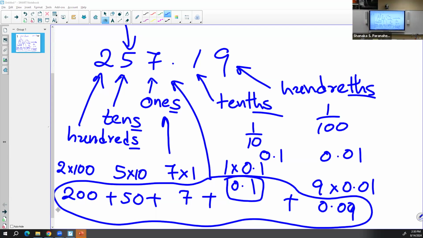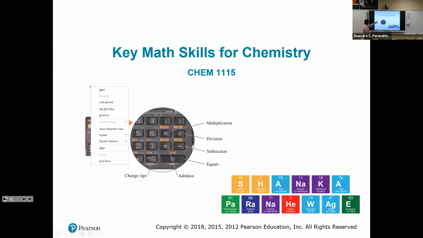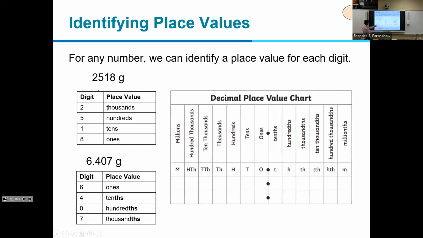Okay, I have a slide related to this, with two examples, the first one without decimal places. The 2 is in the thousands place. So this is ones, tens, hundreds, and thousands. In 6.407, 6 is in the ones place, 4 is in the tenths place, 0 is in the hundredths place, and 7 is in the thousandths place.